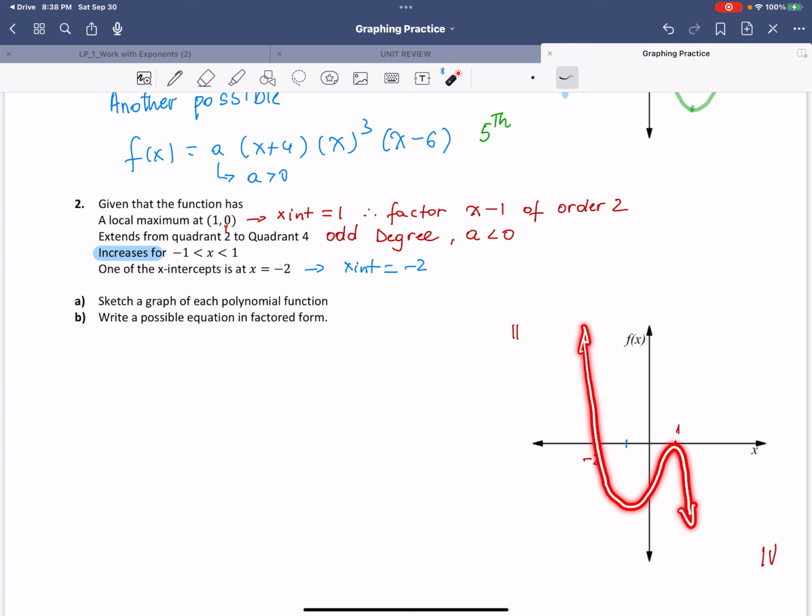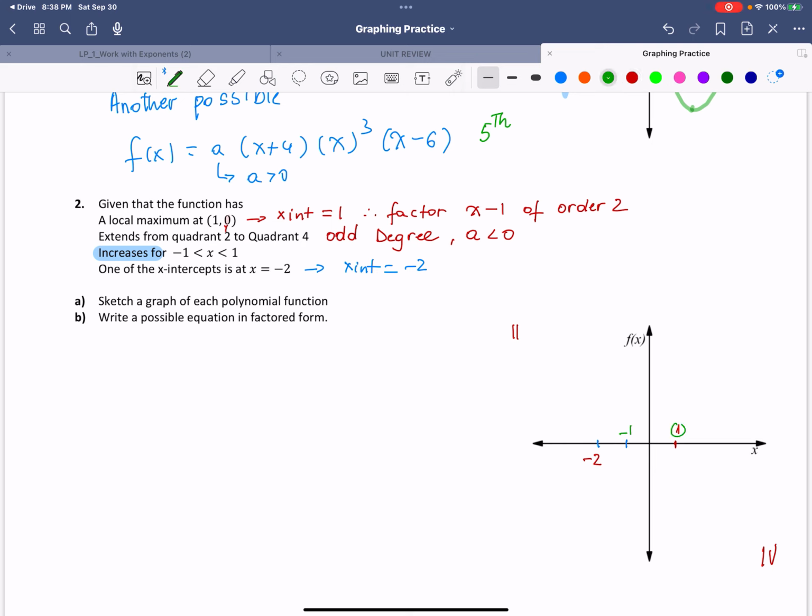So this is the general shape of the graph, but I also want to make sure that I have reflected this quality of the graph on the gradient here. It's increasing from -1 to 1. So x equals -1 is somewhere here, and x equals 1 is right here.